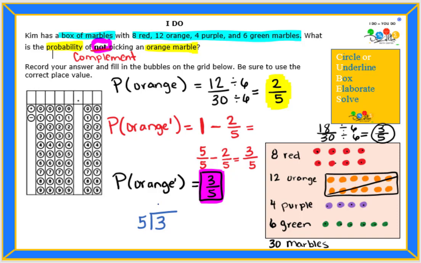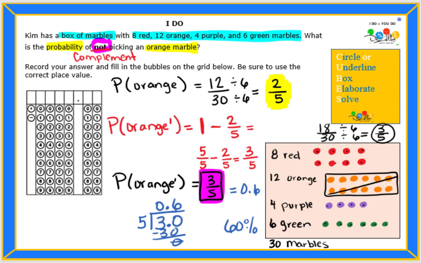But 5 cannot go into 3, so we're going to have to add a decimal and bring it up to our quotient. We add a 0, and now 5 goes into 30 6 times. And so 3/5 is equivalent to 0.6 or even 60%.